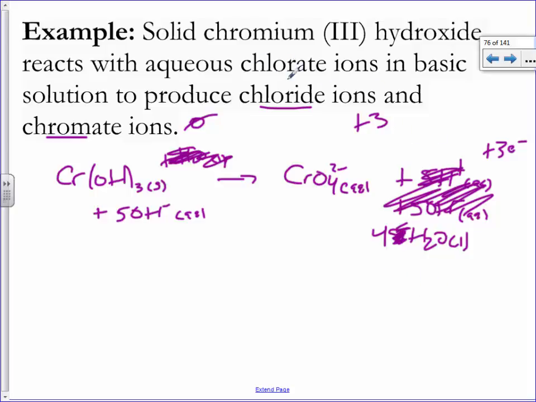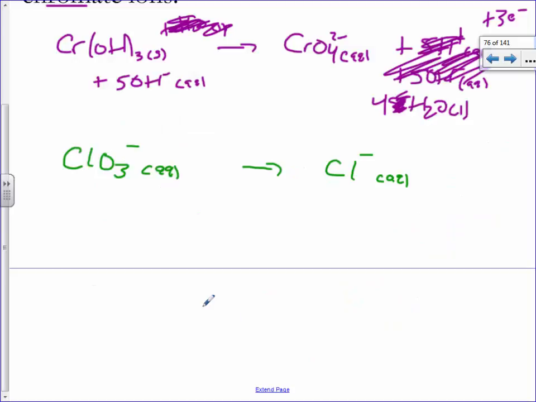It looks like there's some aqueous chlorate ions. Chlorate is ClO3 negative. And it says that chlorate is going to turn into, well, it's not going to turn into the chromate, right? That's not logical. So it's probably going to turn into the chloride ions. So that's kind of the stem that we're going to begin with.